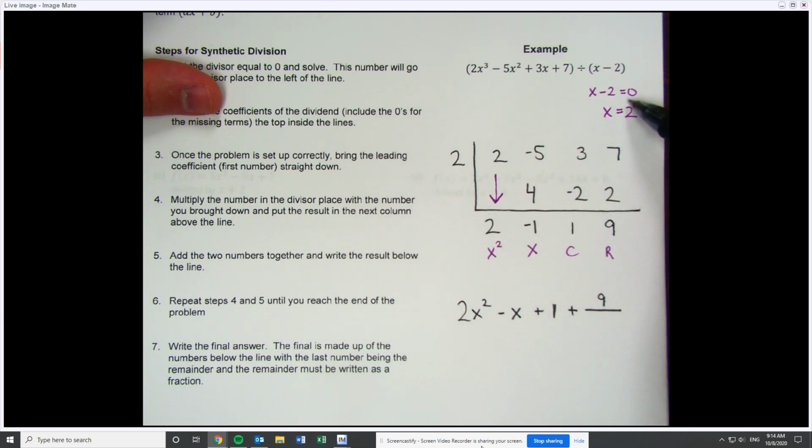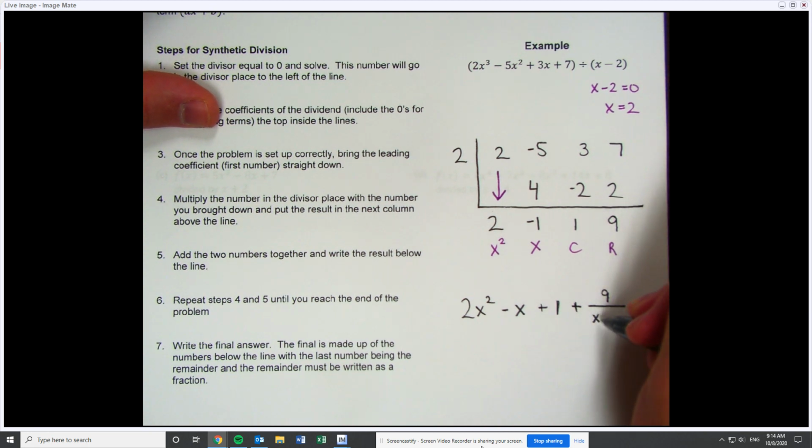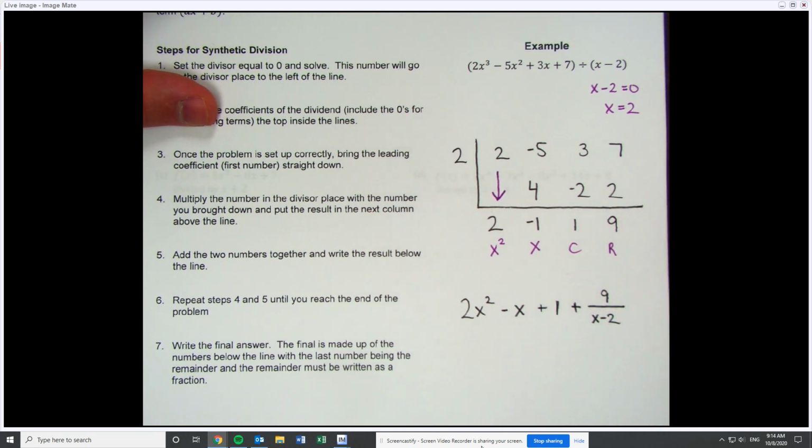What we originally divided by was x minus 2. So that's what I'll put right here. That is my final answer. So after I divide this polynomial by that polynomial, this is what we get. And we're done. That's synthetic division.